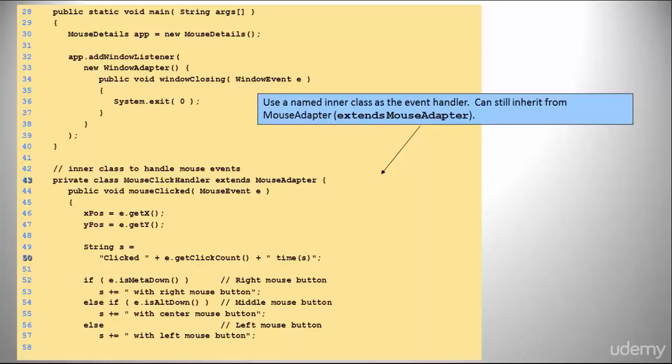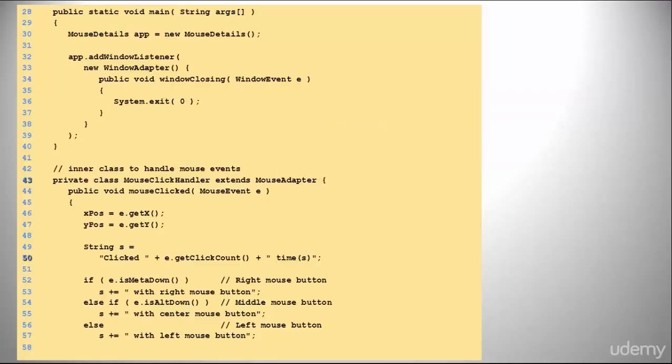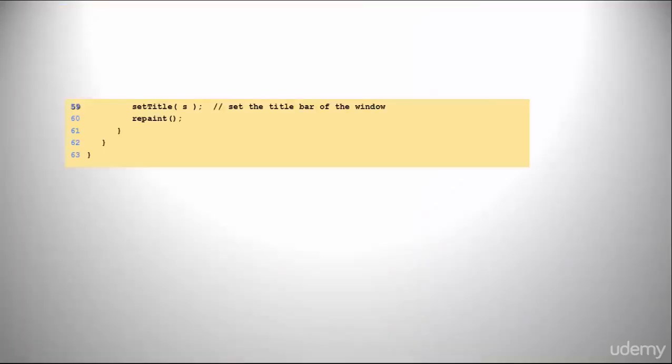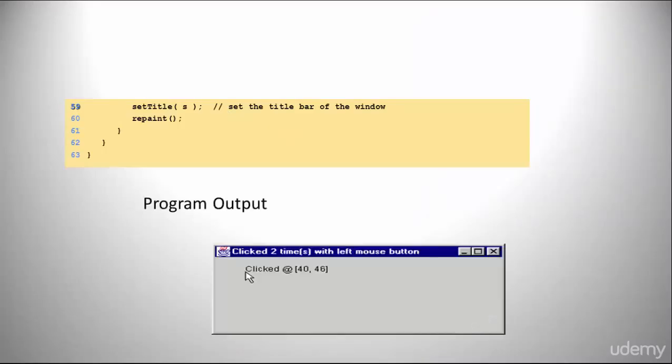This can still inherit from the MouseAdapter, which is extends MouseAdapter. We use getClickCount, isAltDown and isMetaDown to determine the string to use. And here we set the frame's title bar. And this is the program output.